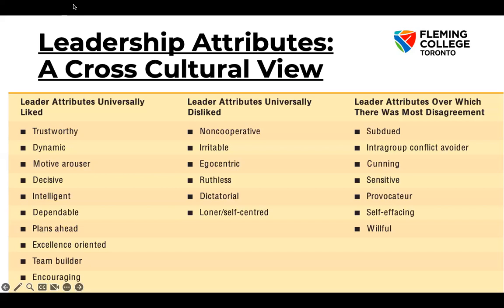Ruthless, directional, loner, or self-centered. It means that person is not involving others while taking a decision. There are many people who will be like that. I'll tell you why. If somebody has a very good command over Excel, MS Project, and a few more data management tools or software, they are not going to teach anybody.